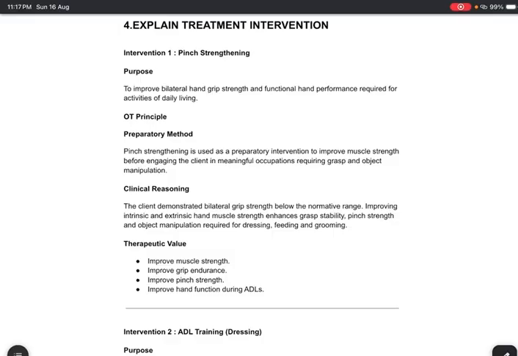The resistance was progressed gradually according to his tolerance and ability. During the intervention, I monitored his hand position and movement to minimize compensatory movement and provided rest periods when required. The therapeutic value of this intervention was to improve muscle strength, grip endurance, pinch strength, and functional hand use during ADLs.